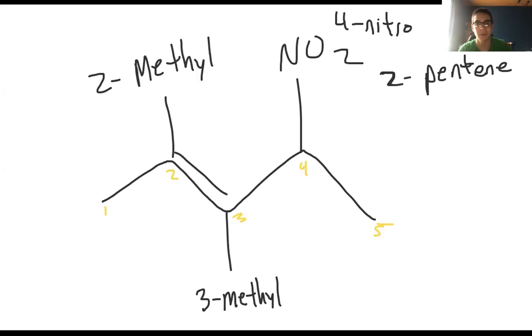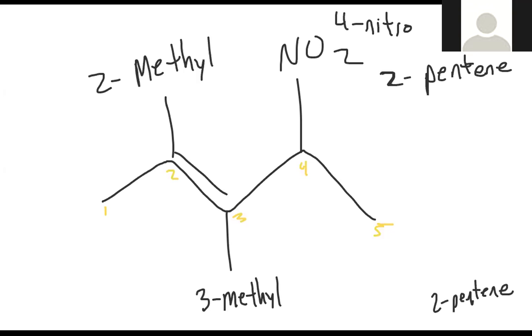So now we have everything. We've identified our parent chain and all the substituents. So now we need to come up with our priority. We know our parent chain is going to go last. So we'll put this 2-pentene. So what's going to go first, nitro or methyl? And why?